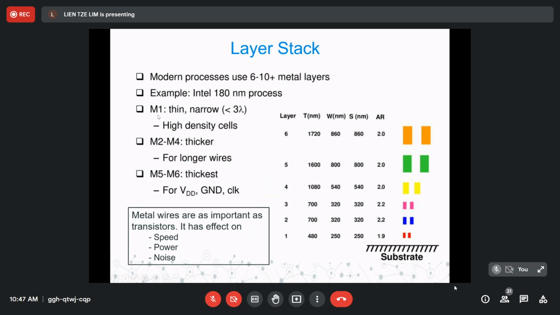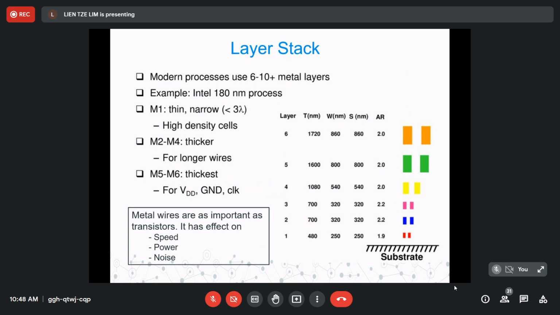This shows the layers, and different layers have different thicknesses. You see M1, M2 until M6, which means the layers from low level layers to high level layers. The lowest layer is called M1.